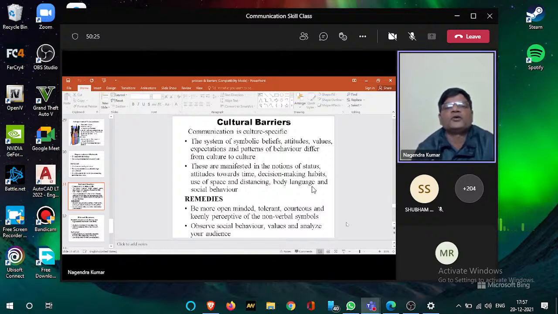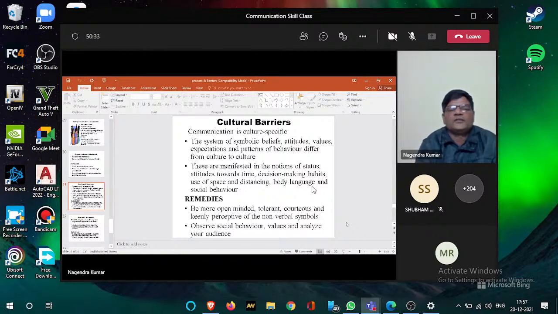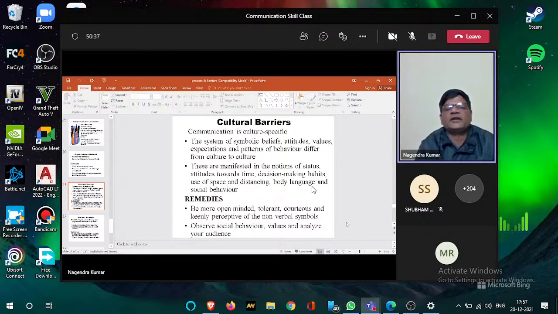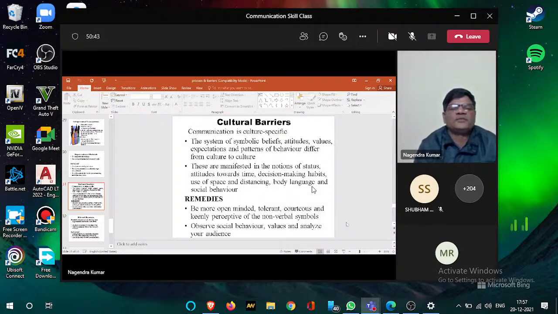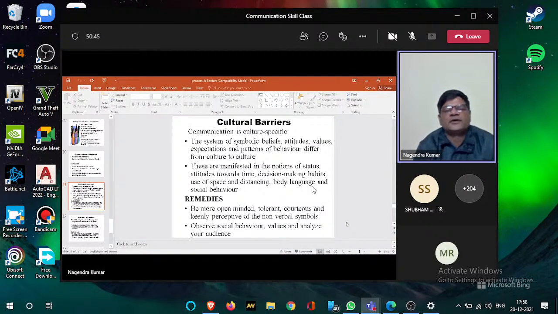So if you want to communicate with them freely without any kind of inhibition or difficulty, first of all, you have to be more open-minded, tolerant and courteous, and keenly perceptive of the non-verbal symbols, because if they feel something bad, they may be signaling that and you need to take care of that.